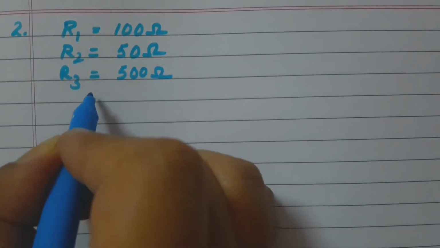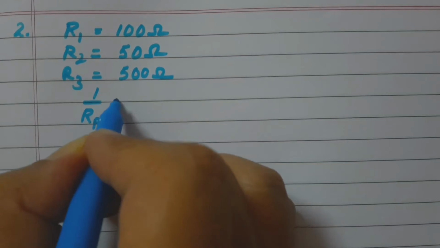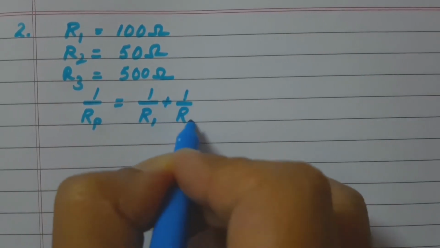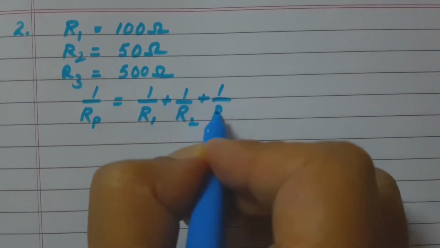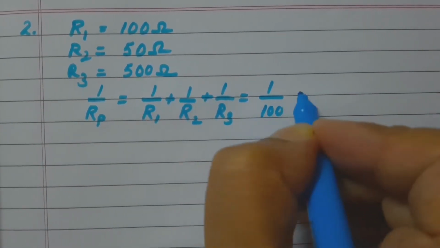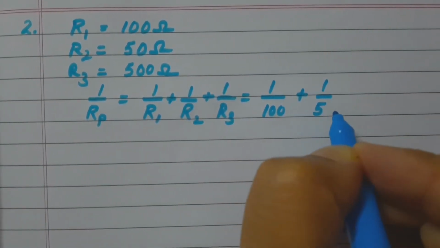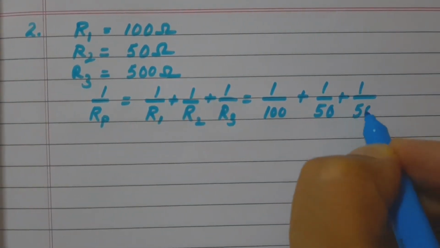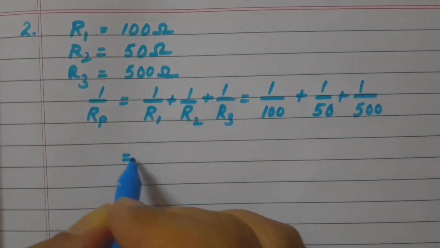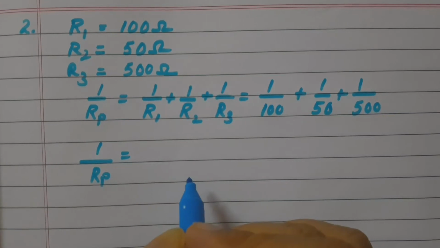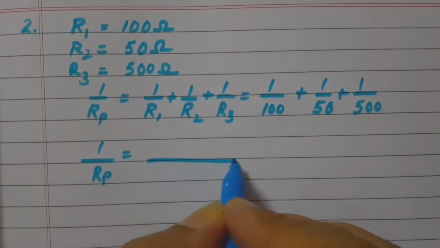Let us calculate Rp when they are connected in parallel combination. 1 upon R1 plus 1 upon R2 plus 1 upon R3, 1 upon 100 plus 1 upon 50 plus 1 upon 500. Its LCM will be 500.